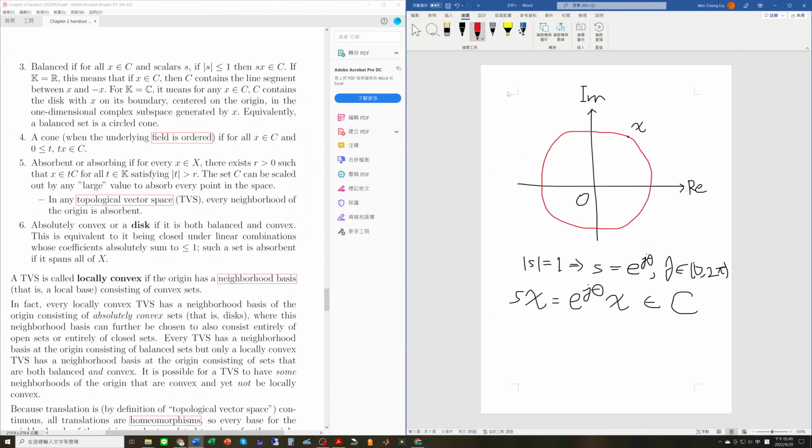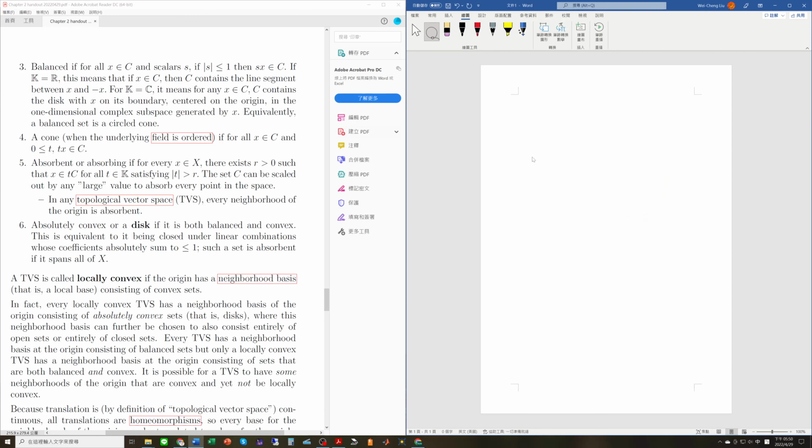So now, K is equal to R. Let me draw an arrow, which denotes the real number line.